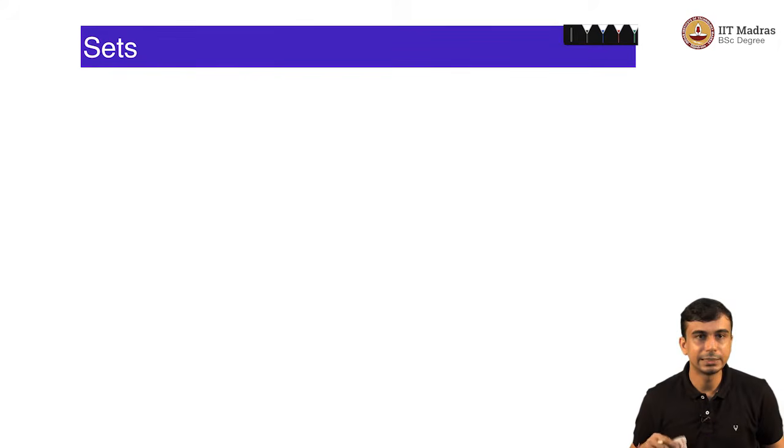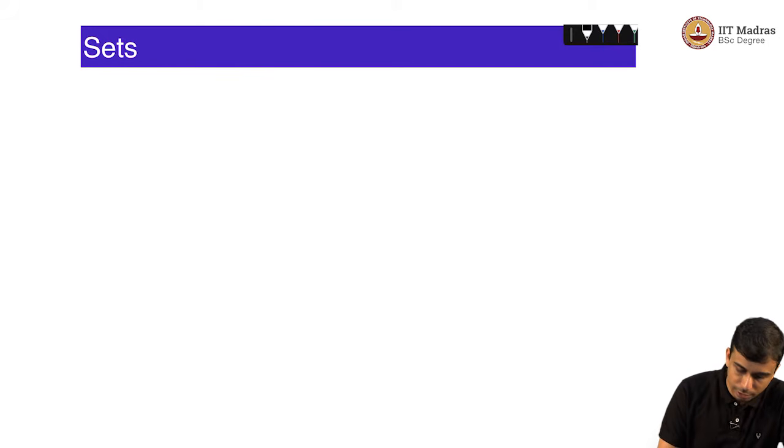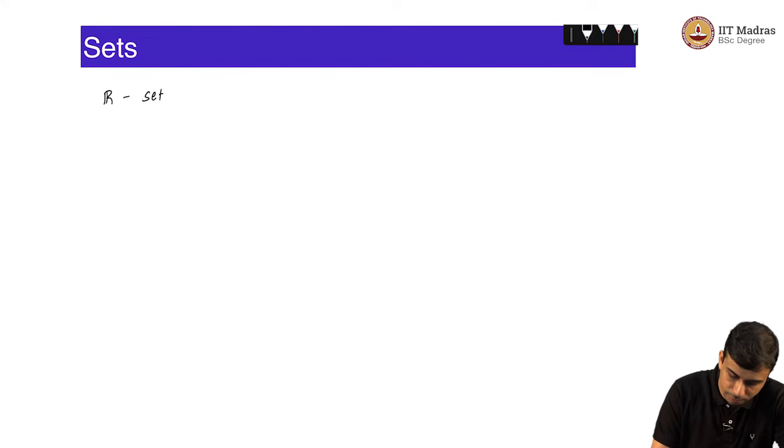Here are some basic sets that you will be using over and over throughout the course. The first set is R, which is simply the set of real numbers, which you would have seen already, and then you have R plus, which is simply the set of real numbers including 0, positive real numbers including 0.